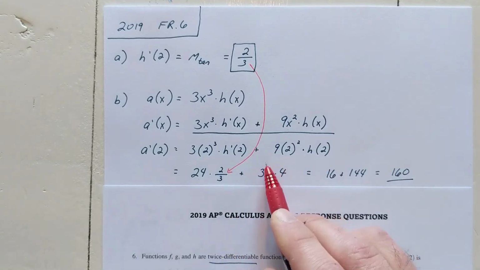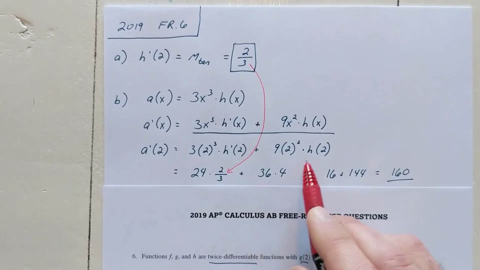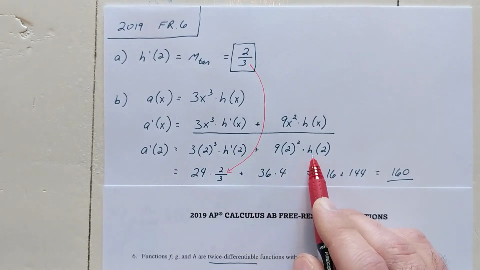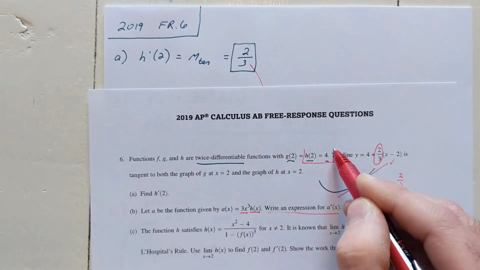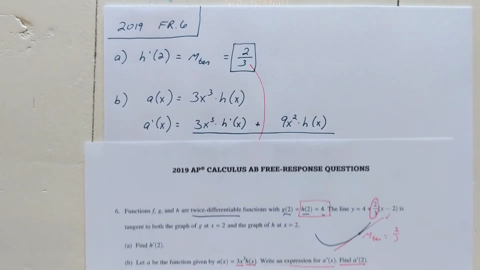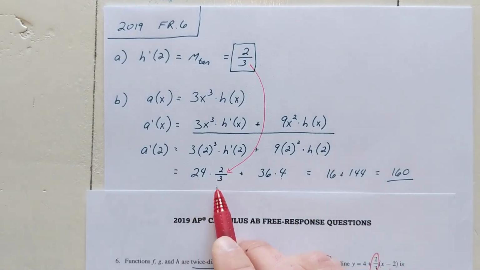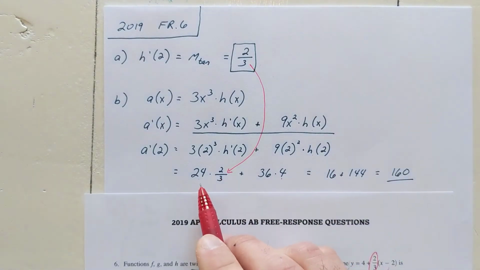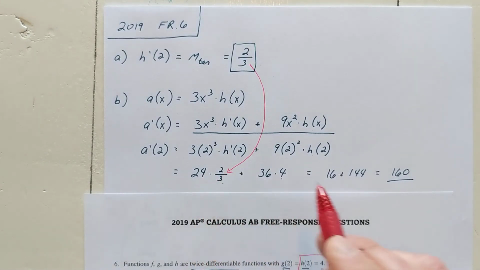Multiplied by here, or excuse me, added to the 9 times the 2 squared is going to get us a 36. And h of 2 was given to us in the original problem right here where they tell us that h of 2 is equal to 4. So we went ahead and put a 4 in right there. The 2/3 times the 24, remember guys, mentally this is 24 divided by 3, which is 8 times 2, and that's where that 16 comes from.